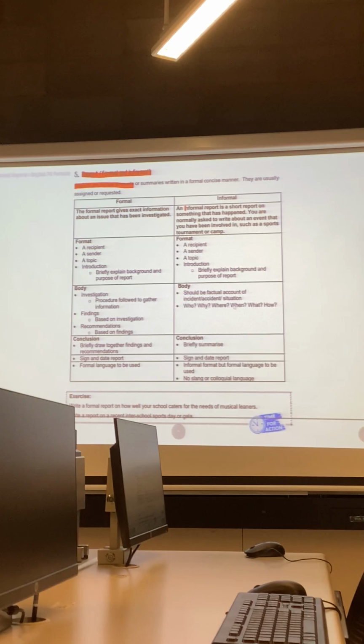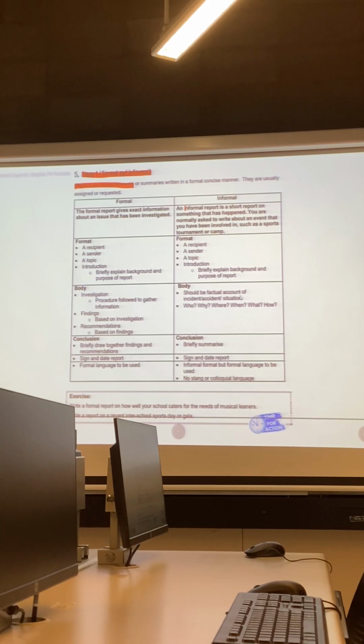specific. While with informal, in the body there should be a factual account of, for example, accident situations, or some informal reports just follow who, why, where, when, what, and how. They're just easier.